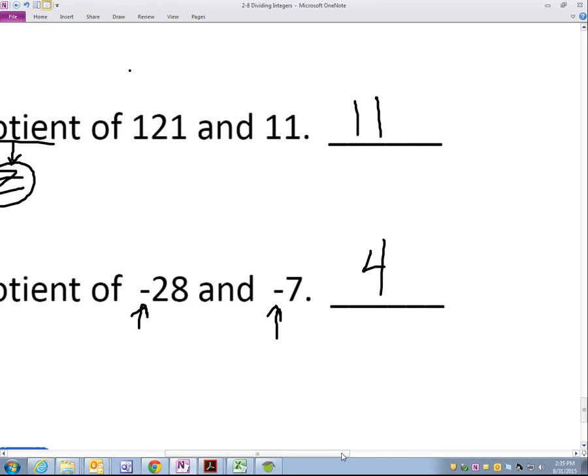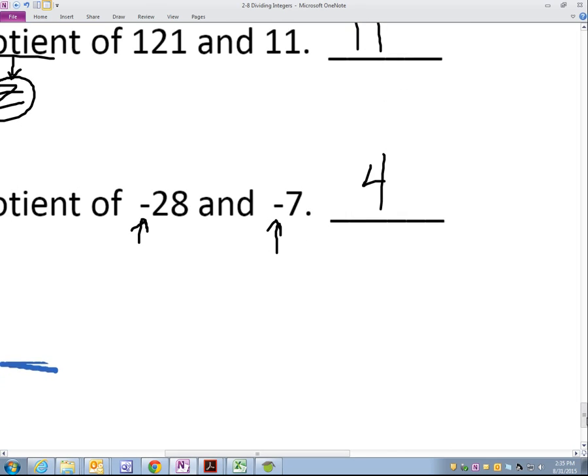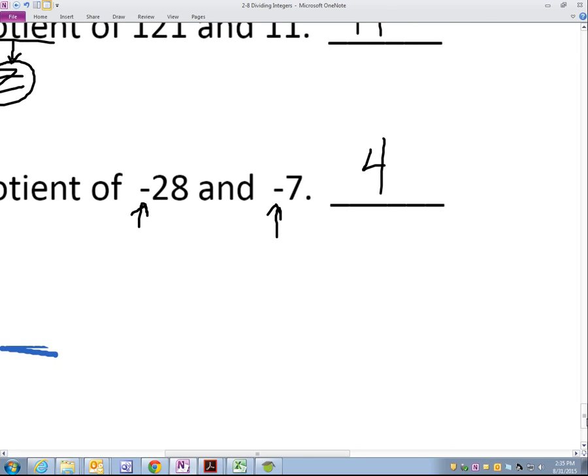And 121 and 11, since it's two positive integers, the quotient is positive. And the quotient of negative 28 and negative 7 is a positive 4 because we have two negative integers. Yes, sir? Okay. Are there any questions, any further questions, Your Honor?